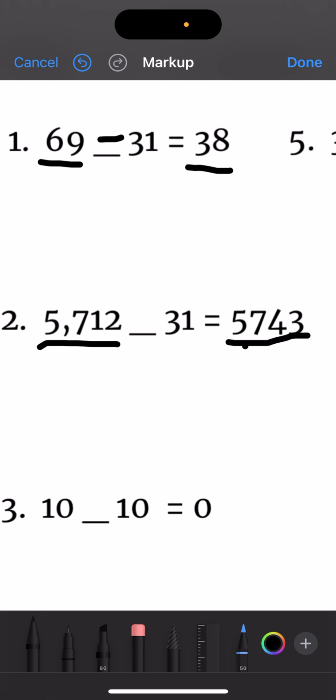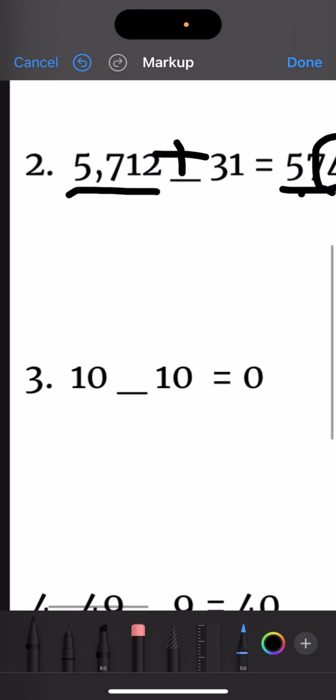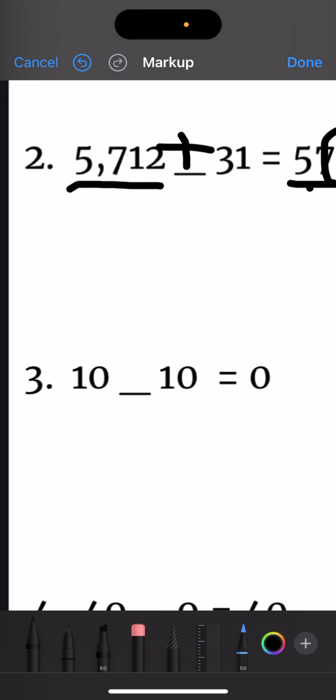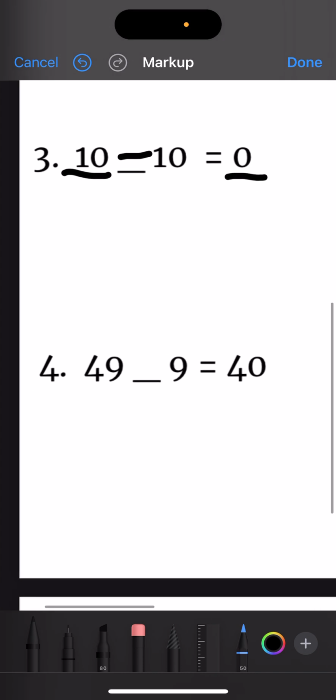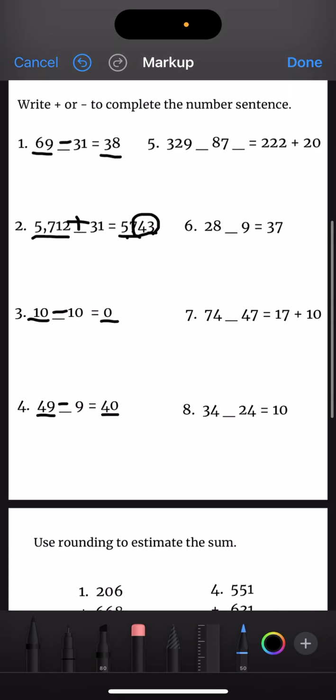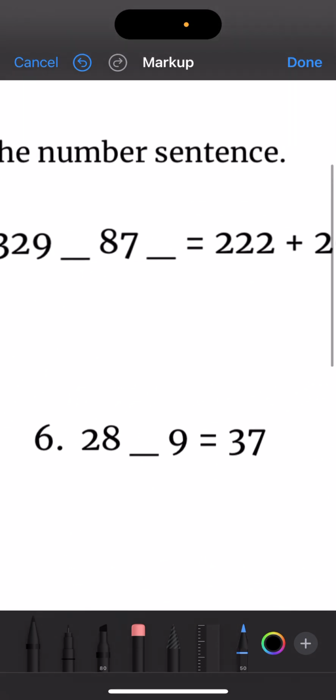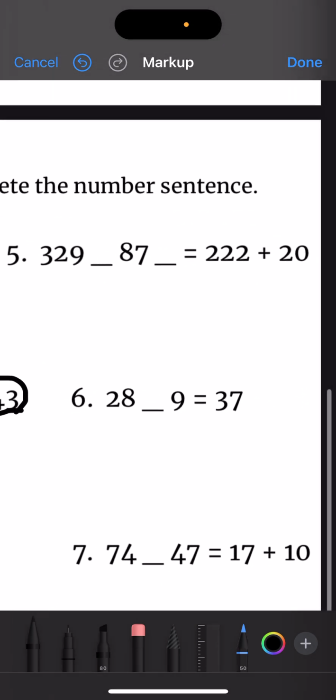Same thing on here. 5,712, 5,743. 43 is greater, so the number is increasing or is getting bigger, so we're gonna have to add. Number 3, we go from 10 to something, and then we become 0. We are gonna have to subtract 10. 49, we go smaller, so this would become minus.